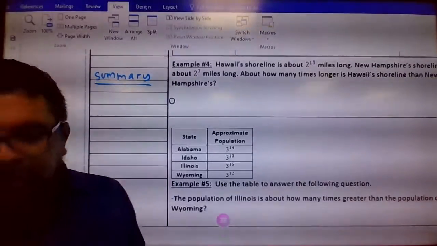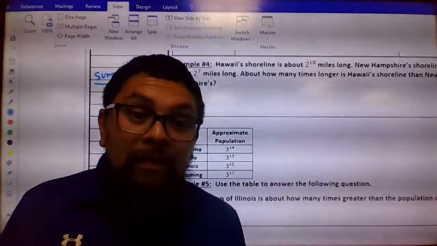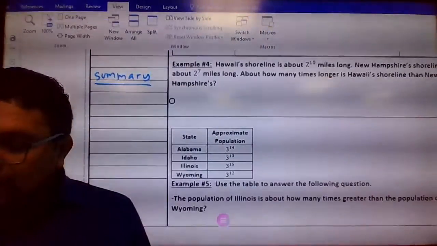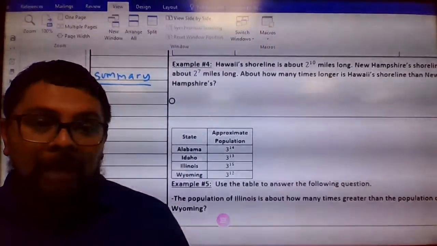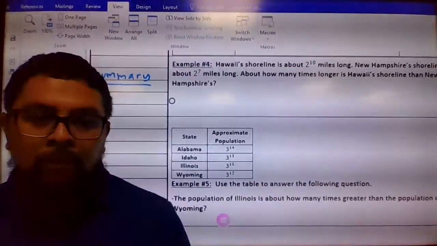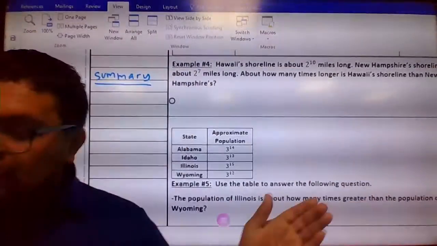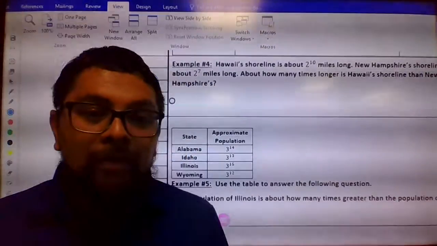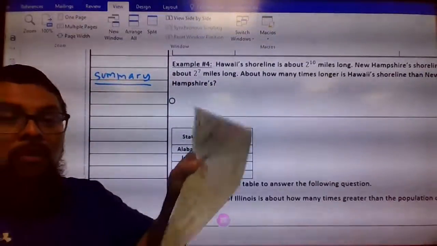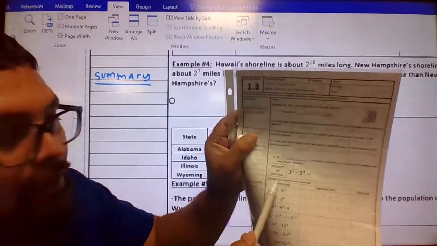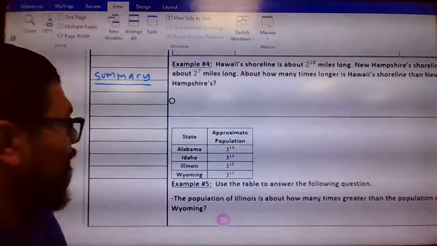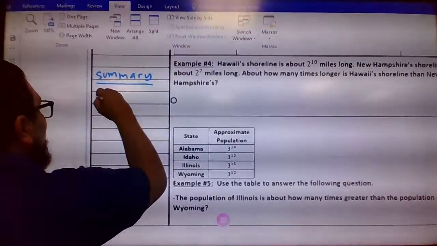Remember what our summary is. Our summary answers the essential question. Go ahead and read the essential question again. All right, so the essential question is, how do you multiply and divide expressions involving powers?